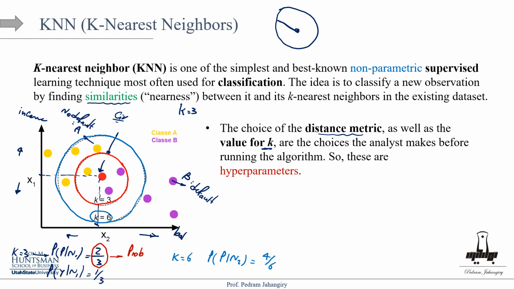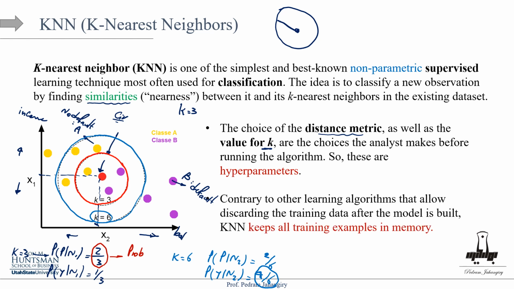So the probability of purple given neighborhood 2 is 2/6, and the probability of yellow given neighborhood 2 is 4/6. So the model is going to assign class yellow to that red observation. As you can see, if K is equal to 3, the outcome is purple. If K is equal to 6, the outcome is yellow. So the choice of K is an important one down the road, and it is one of the hyperparameters that we're going to tune using a method we'll talk about later on.